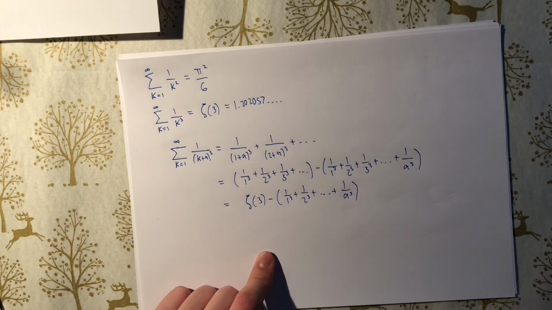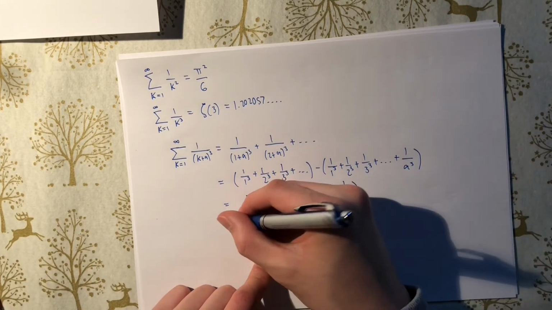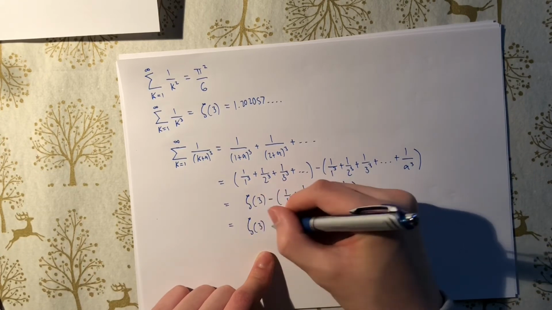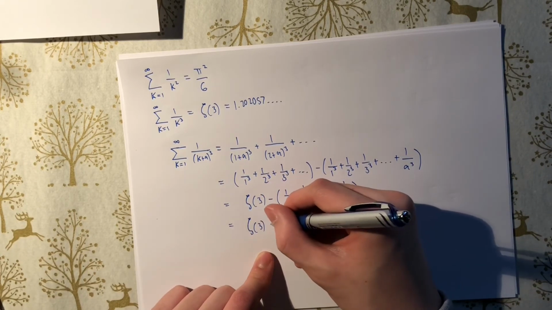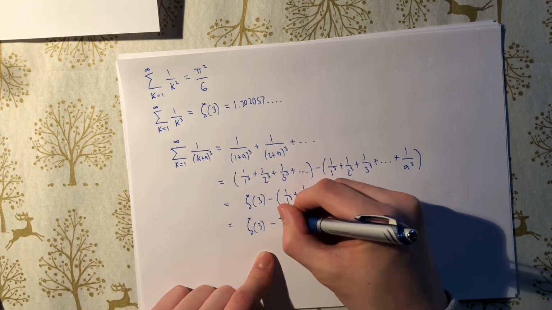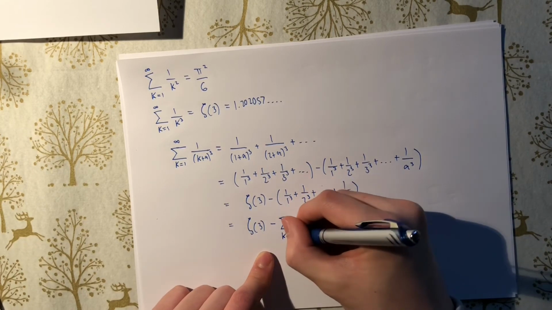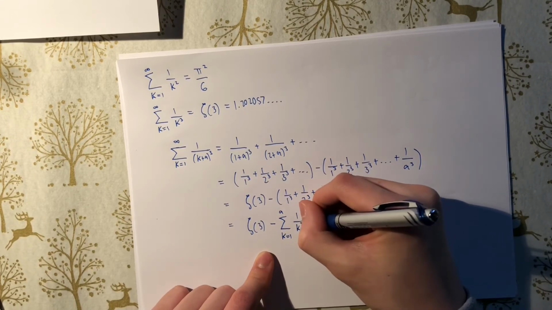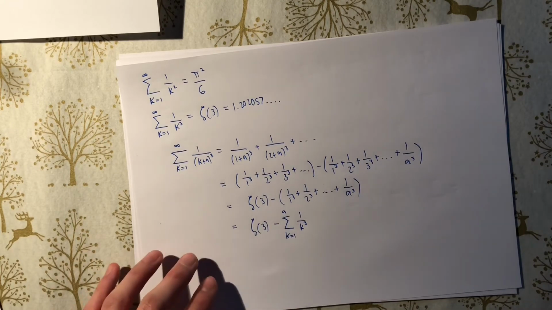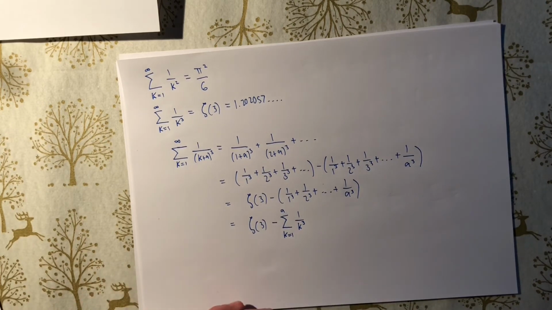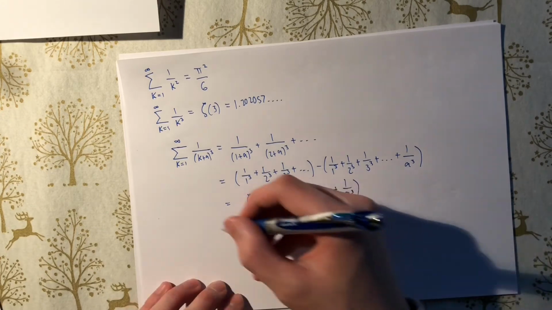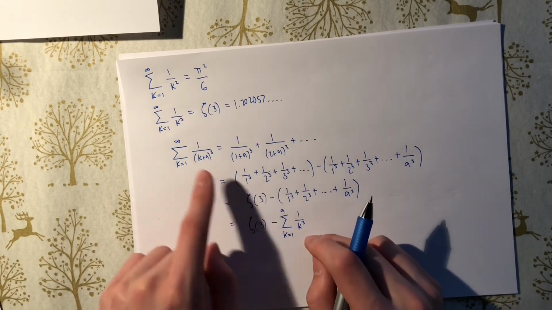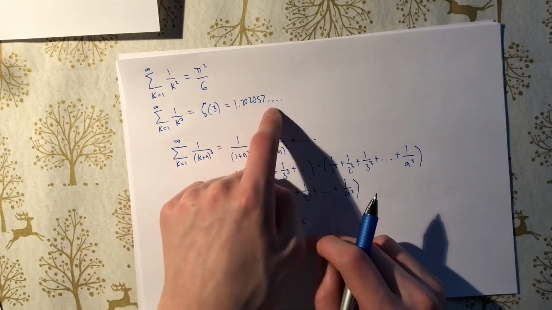And we can denote this second bit here as the sum from k equals 1 to a of 1 over k to the power of 3. I hope that's pretty clear. So that proves that these two are equal, and obviously this is a lot easier to work with than this, as long as you know this number.